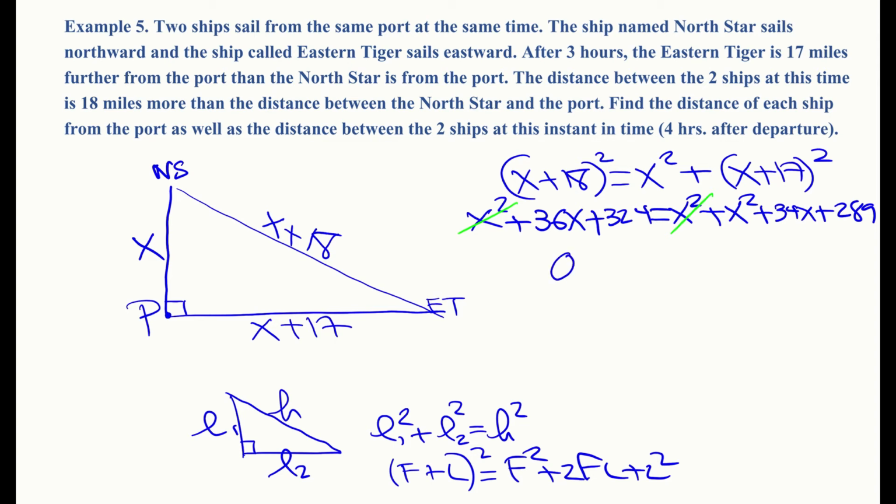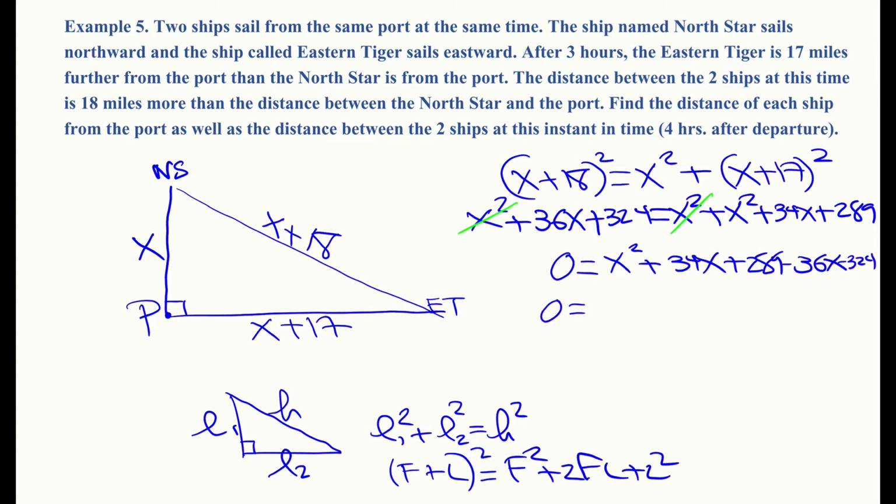So we end up with, let's go ahead and move everything to the right side. So we get 0 equals x squared plus 34x plus 289 minus 36x. We bring the 36x over, it becomes negative, and then minus 324.